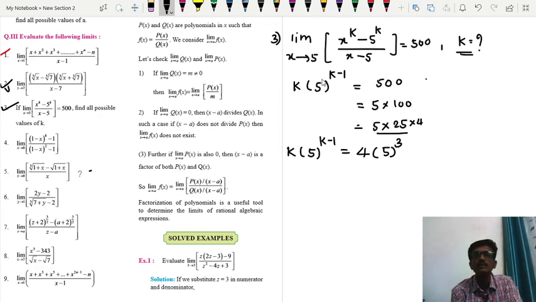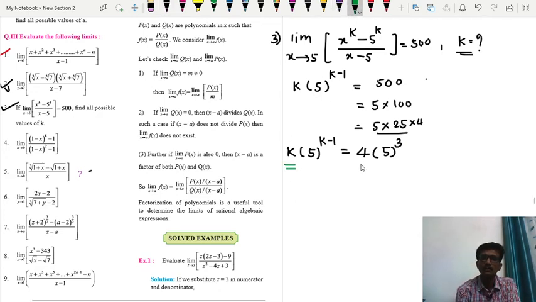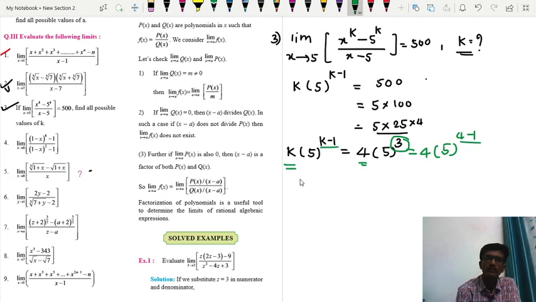So if we compare both sides, k must be equal to 4, because this we can write as 4 into 5 raised to power 3, and 3 we can write as 4 minus 1. So k minus 1 is equal to 4 minus 1, therefore k is equal to 4. Yes, done.